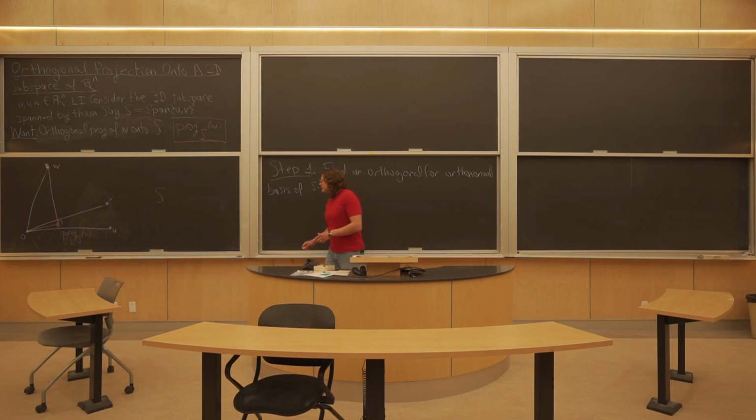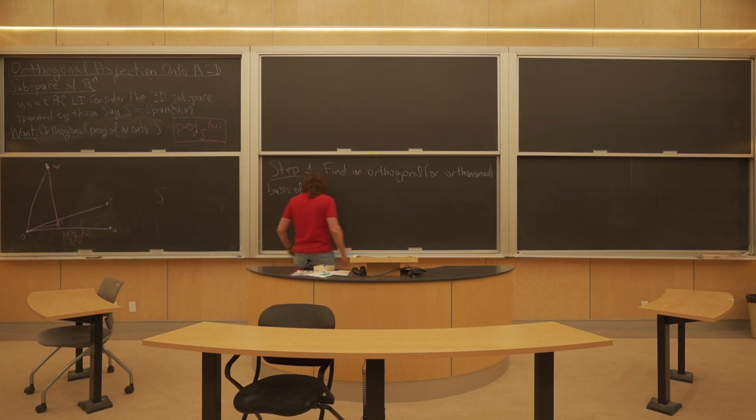Exactly. So what you can do is this. I don't know this angle between u and v, but certainly I can project v onto u inside S. It's a two-dimensional space. I can certainly project orthogonally v onto u, and then I can look at the complement. That would be perpendicular, right?